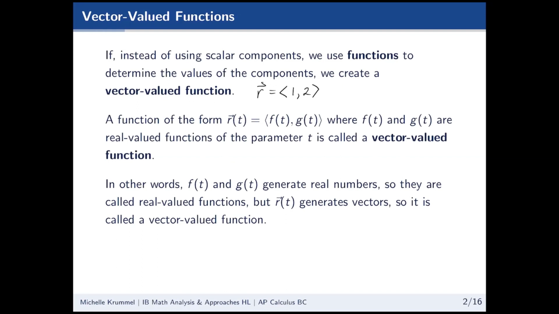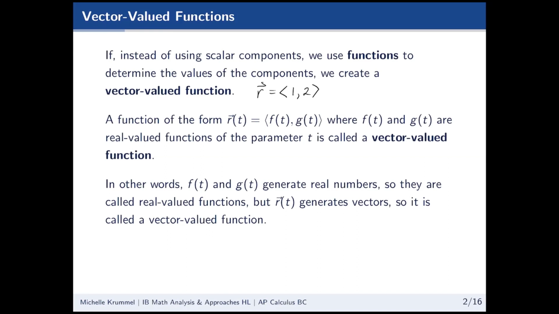But if instead of just a 1 as the x component, we actually have a function of t like we see below, where r of t equals the vector with x component f of t and y component g of t, now we have a vector-valued function, because those functions, f of t and g of t, are being used to produce vectors. They're not producing just real numbers, they're generating vectors.